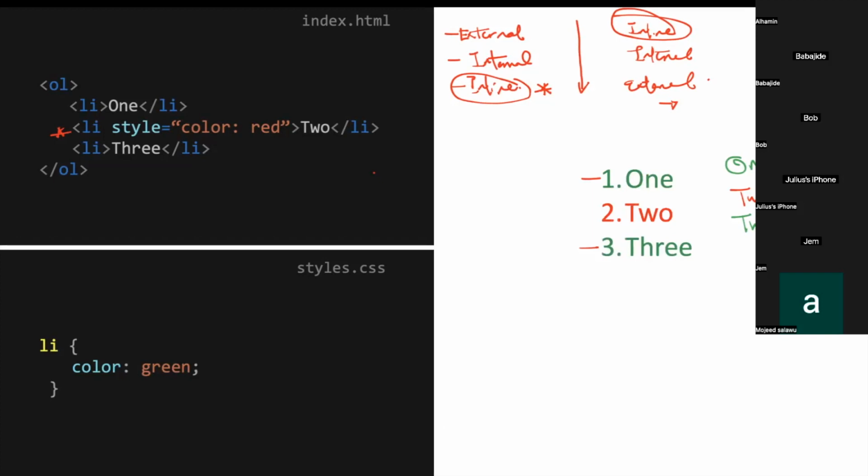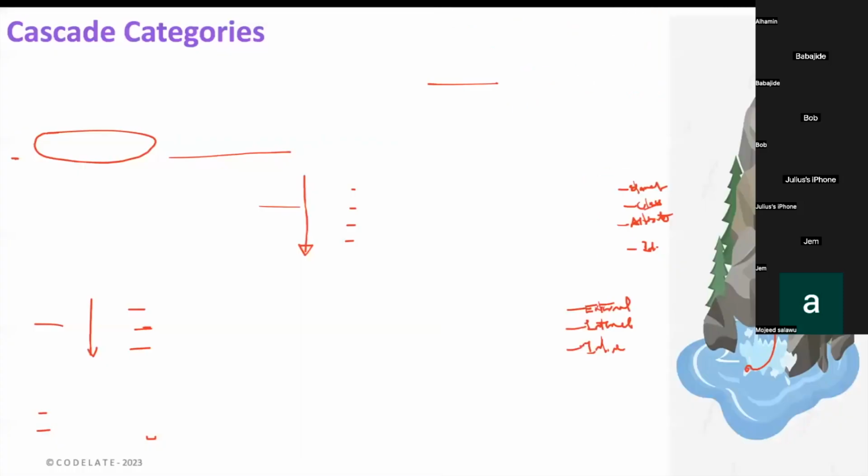I believe we all know why by now, if either we were in the class or we've watched the video. It is because inline styling takes precedence over an external and an internal styling method.